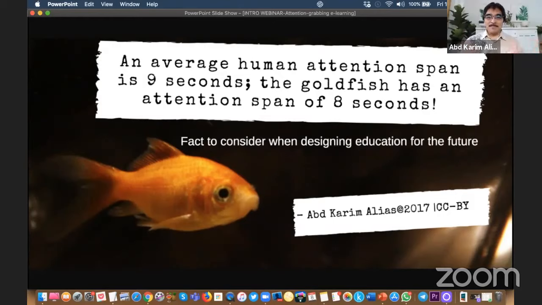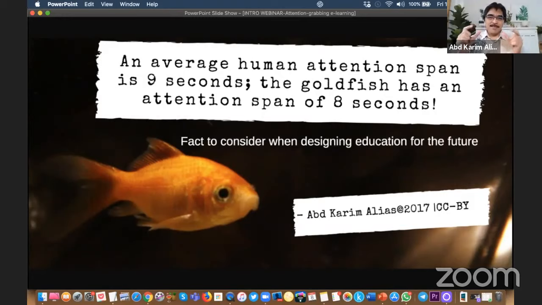I don't know how they came up with that, but that's the fact from that survey. And the goldfish has an attention span of 8 seconds. So on average, the attention span of adult learners is about 9 seconds, just 1 second longer than a goldfish. So there is something very important that we need to consider with that very short time span.